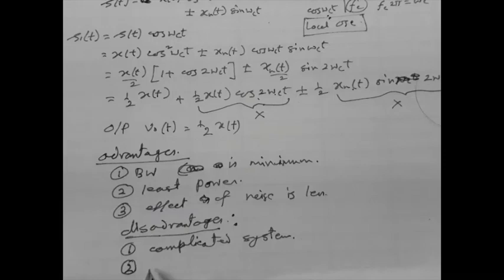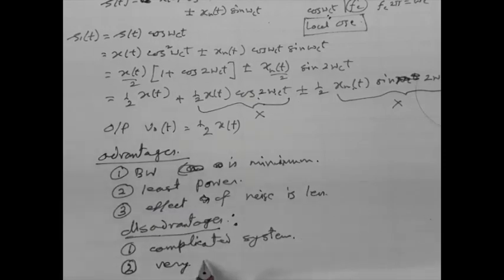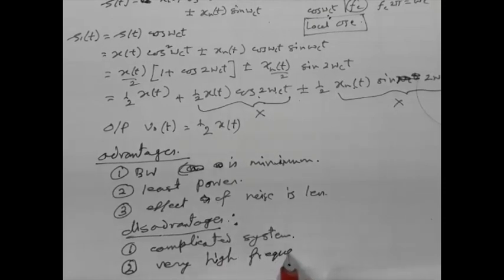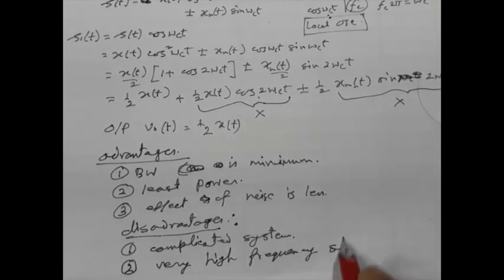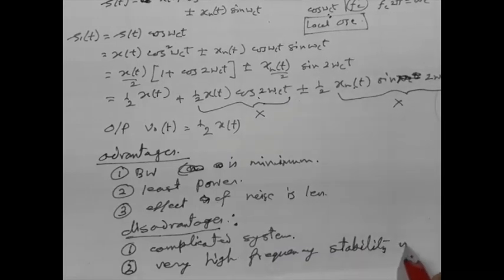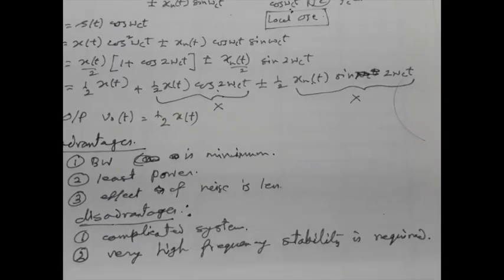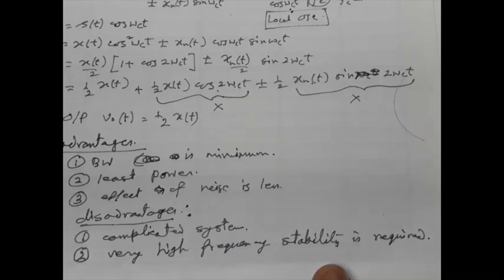Second disadvantage is very high frequency stability is required. Very high frequency stability is required for SSB-SC. So those are the problems of SSB-SC.